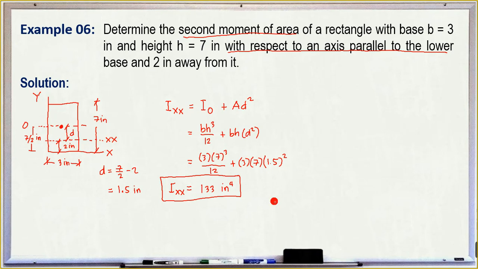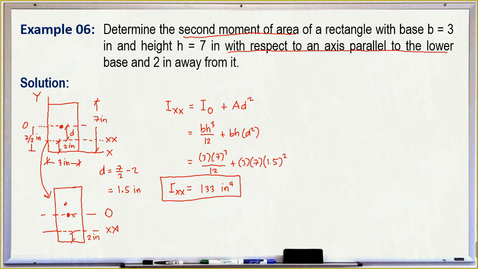Yes. It is here in the formula. Is this clear to you? Okay. So let's say this is centroid O. As I said, this axis XX is 2 inches away from the base.